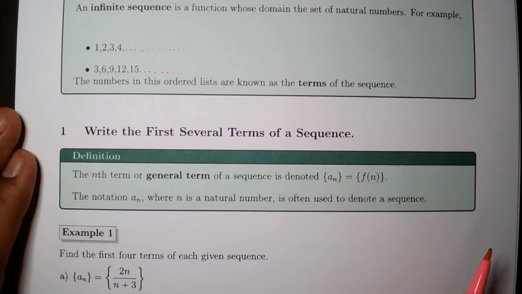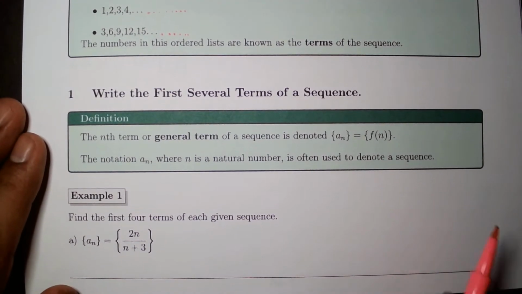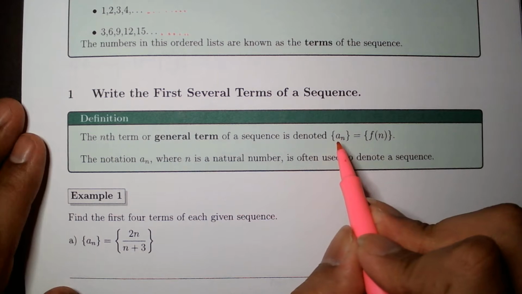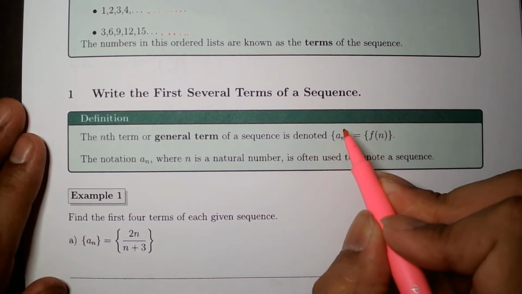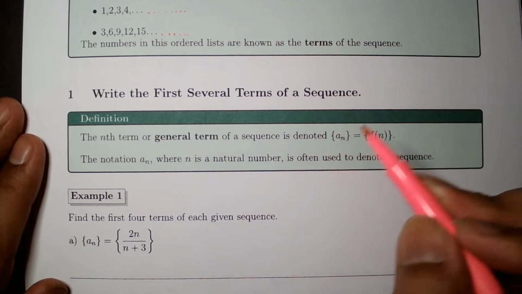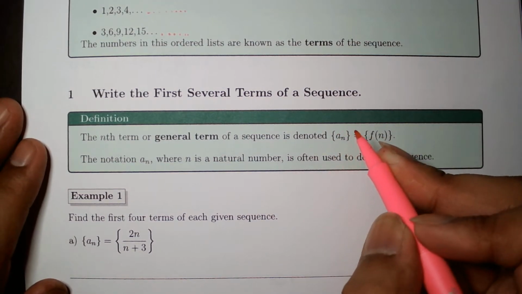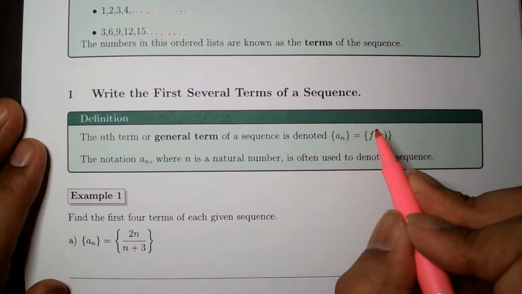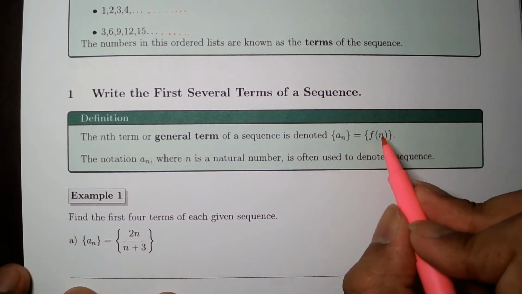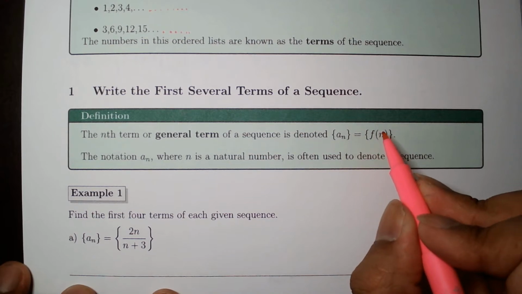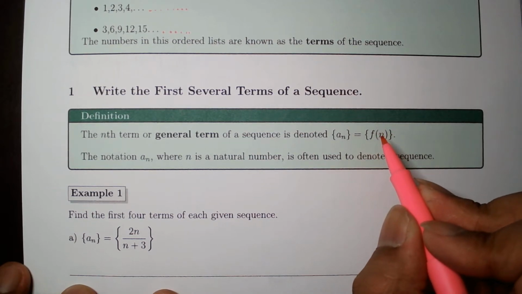How do we write the first several terms of a sequence? We have curly braces with the notation a sub n that indicates a sequence. This a can be changed to another letter, but that doesn't matter. On the right-hand side of the equation we're going to have some expression or function that depends on n.